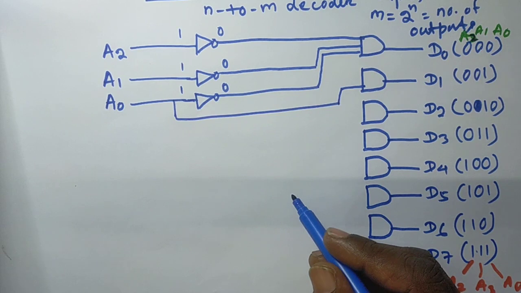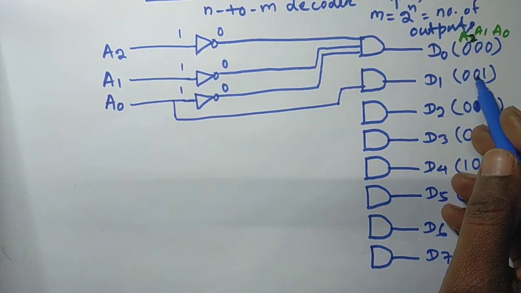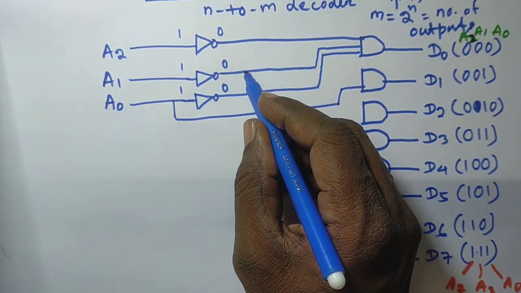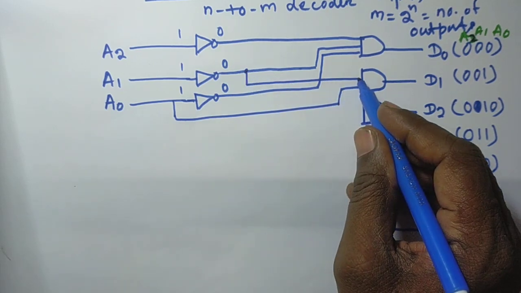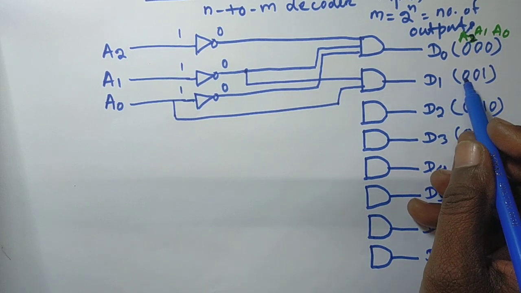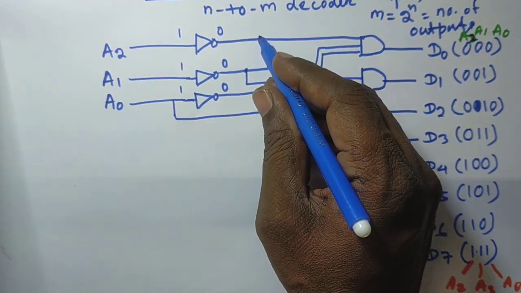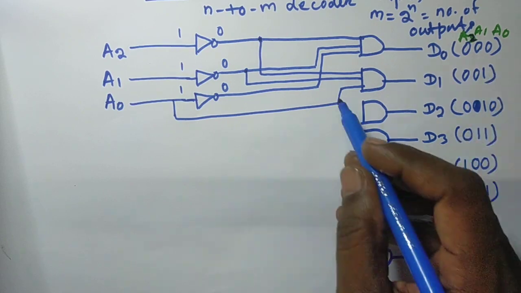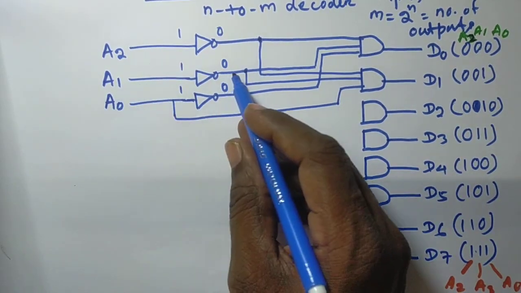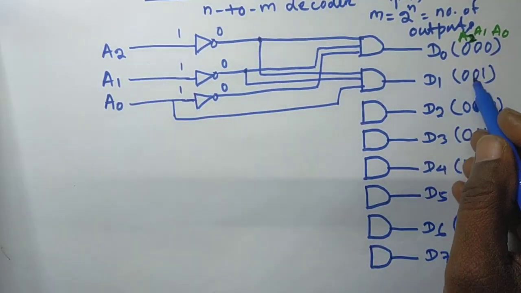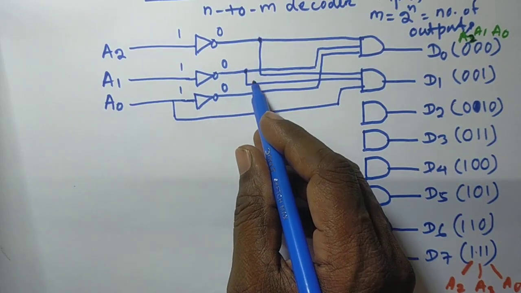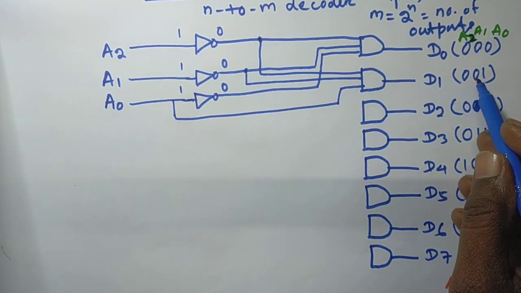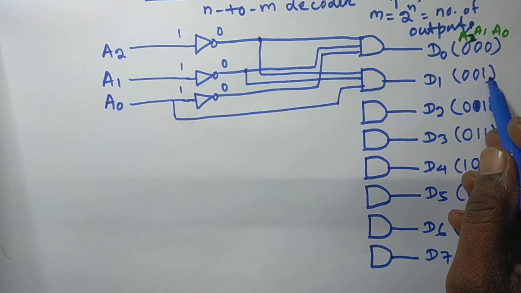A1 and A2 are 0 0, so we connect them directly through to D1. So A0 is 1, A1 is 0, A2 is 0, and the value will be 001. So the D1 value will be 001.